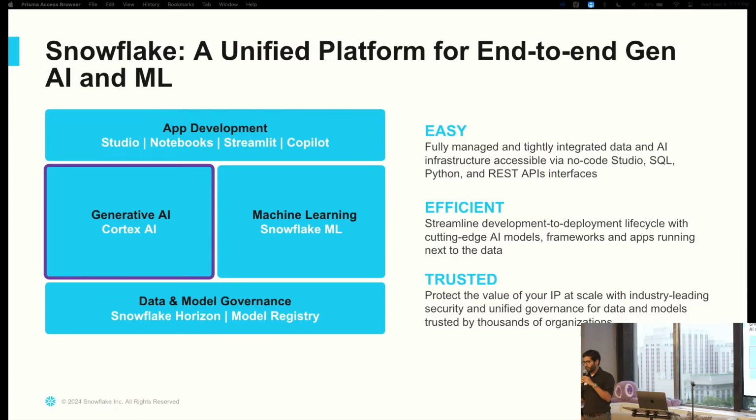We do all that for you. It's efficient because we bring your data and your model next to each other so that you can run your Gen AI quickly. And it's trusted because we built a lot of thought into how we created this Gen AI product, and thousands of customers are already trusting Snowflake with their Gen AI work.